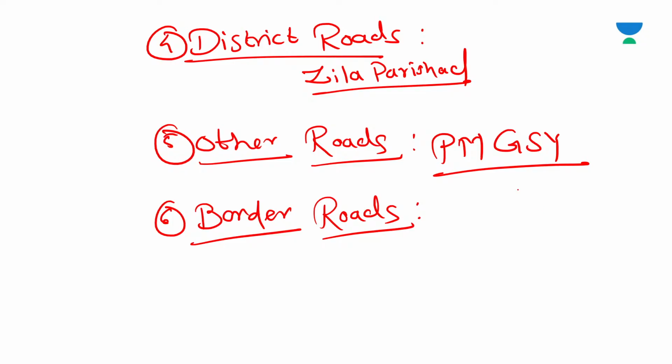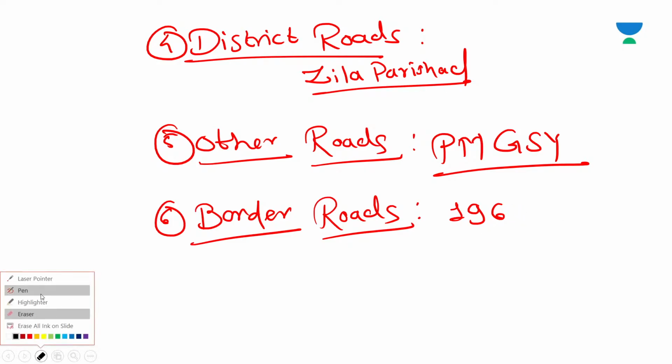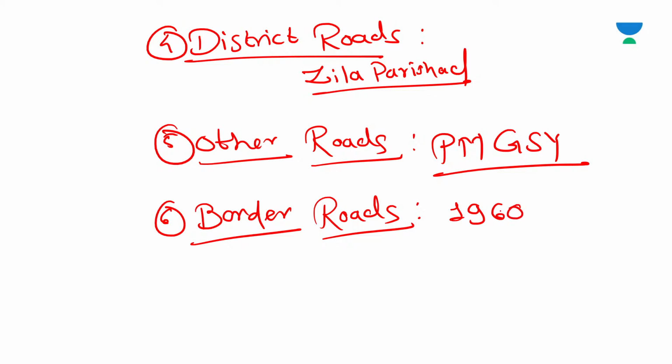This organization was established in 1960 for the development of roads of strategic importance in the northern and northeastern border areas. These roads have improved accessibility in areas of difficult terrain and have helped in the economic development of these areas.